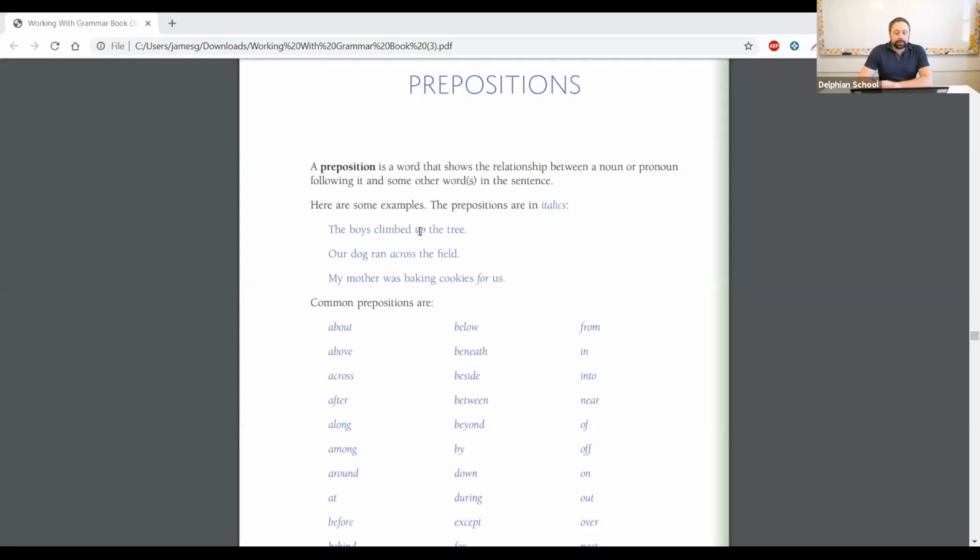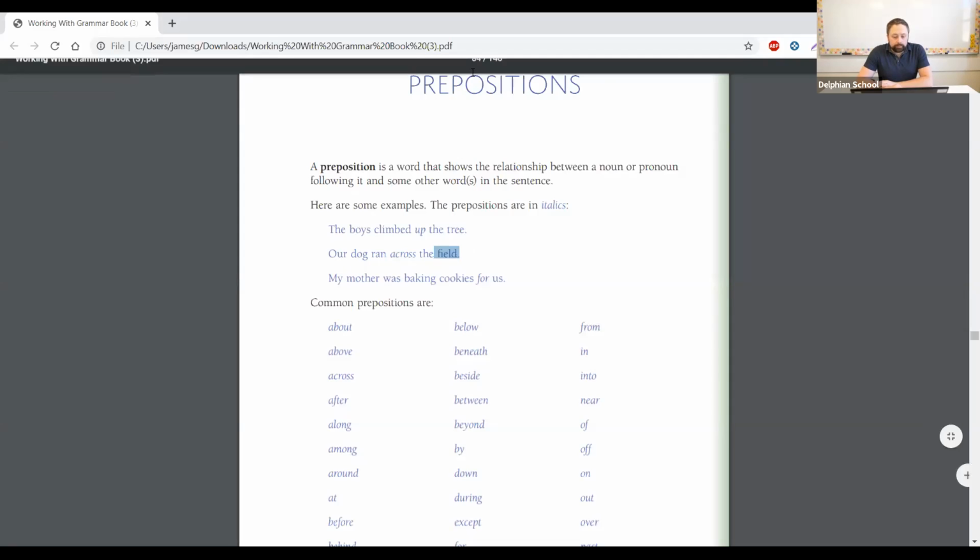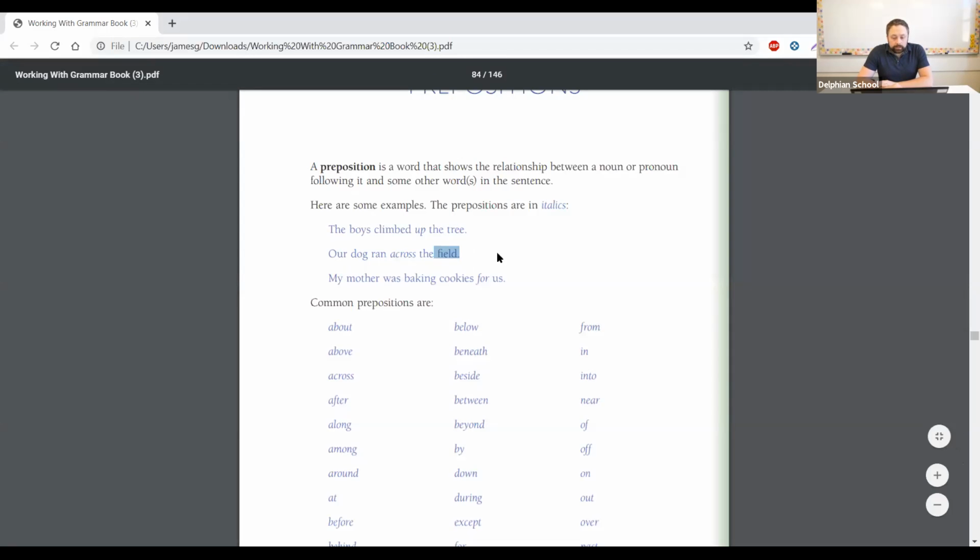What the preposition is doing is showing a relationship between tree, because tree is a noun that follows it. It's going to show the connection between tree and some other word in the sentence. Across the field, across is going to show the connection between field and some other word in the sentence. My mother was baking cookies for us. Us is the word that for is going to show a connection to something else.